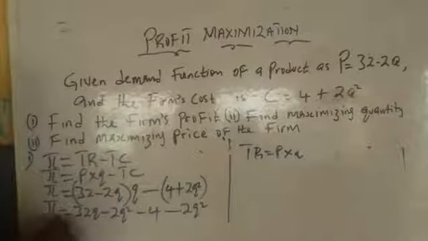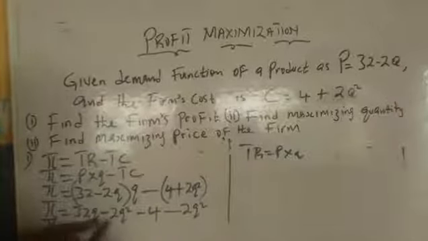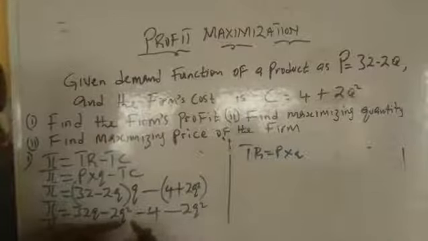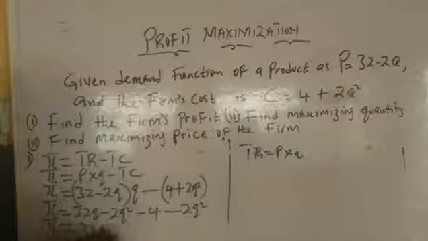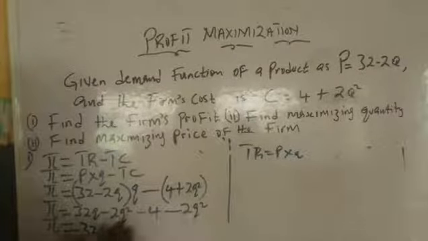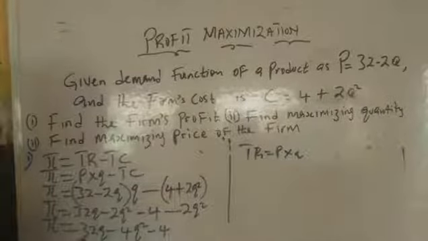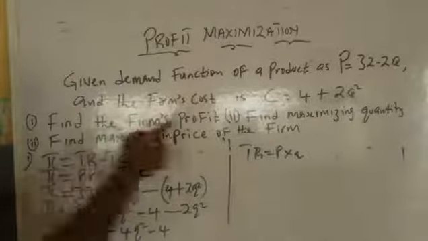Then we write our profit back: 32Q, minus 2Q squared, and we have minus 2Q squared again, so we put them together. It's going to be minus 4Q squared. So we have 32Q minus 4Q squared, then minus 4. That's our profit, the answer to question number one.